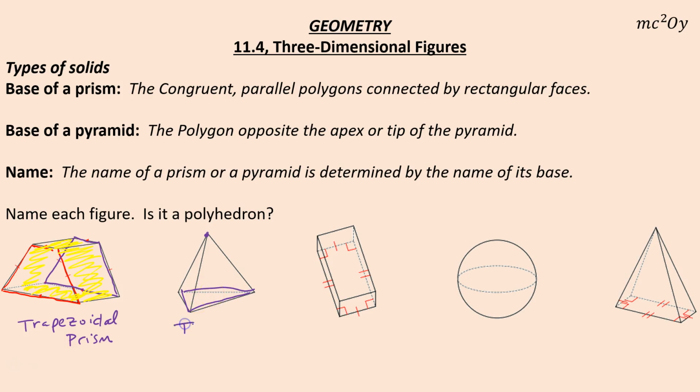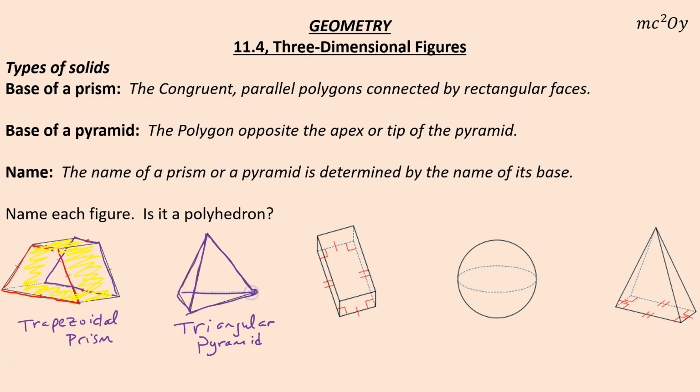So this is a triangular pyramid. I just labeled this as my base, and those triangles connect that base to the tip. However, we could have said maybe this is my base right here, and those triangles are going out to this tip.